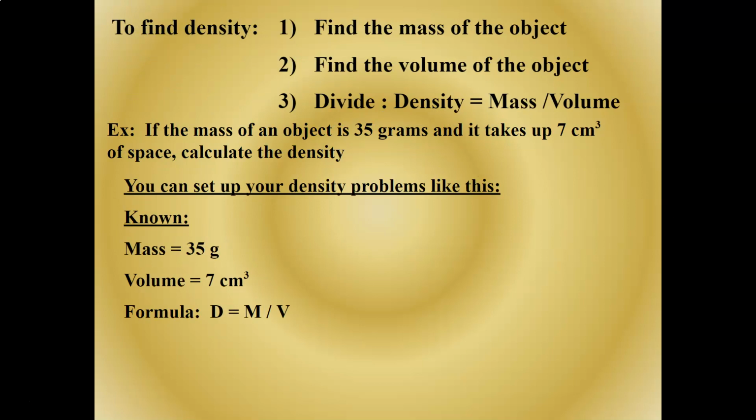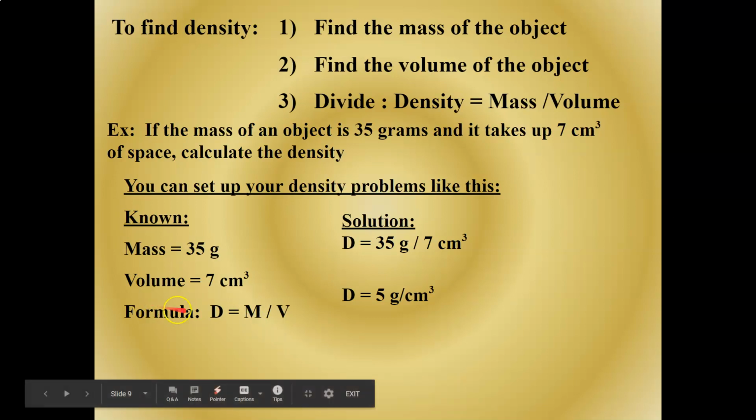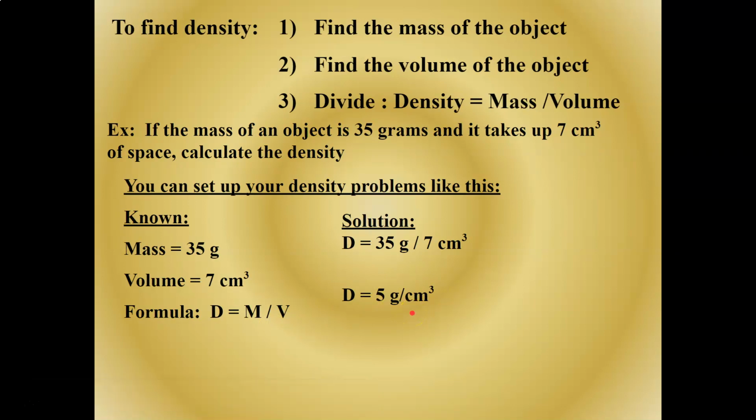I know the mass is 35, I know my volume is 7, and I know I need to take mass and divide it by volume. When I do that, I get a really simple answer of 5 grams per cubic centimeter. You can see, much like in the equation where mass is over volume, so should your units be grams over cubic centimeters in this case.